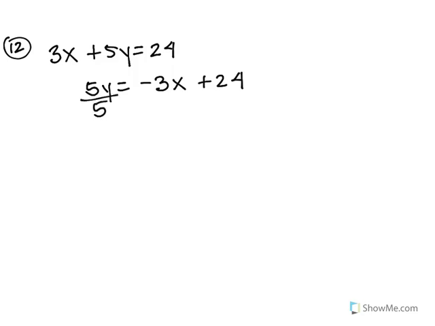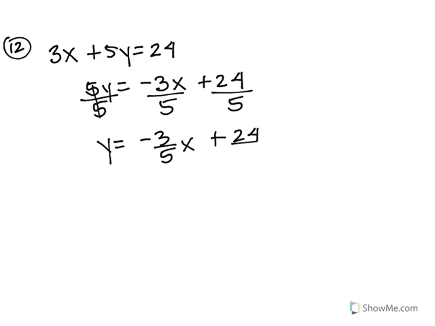And then you would just divide everything by 5. And so y equals -3 over 5x plus 24 over 5. But the question just asks you for the slope. So we know when it's in slope-intercept form, the number on x would be our slope. So that would be a -3/5.